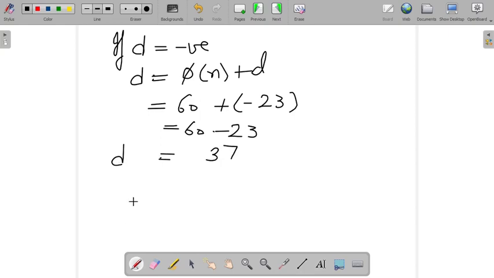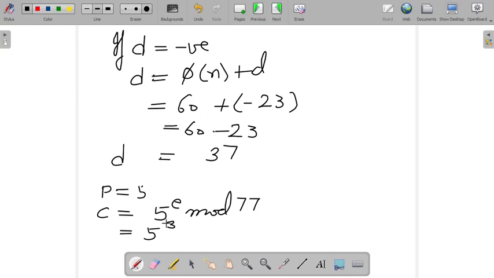Now next step. Suppose the plain text p is equal to 5, so what is the encryption c? C is equal to 5 to the power e mod n. N is 77. So what can you write? 5 to the power 13, because e was 13, mod 77. So what is this? Let's move to the calculator.